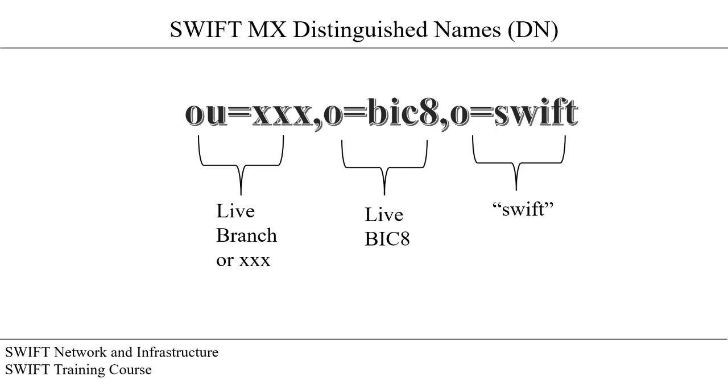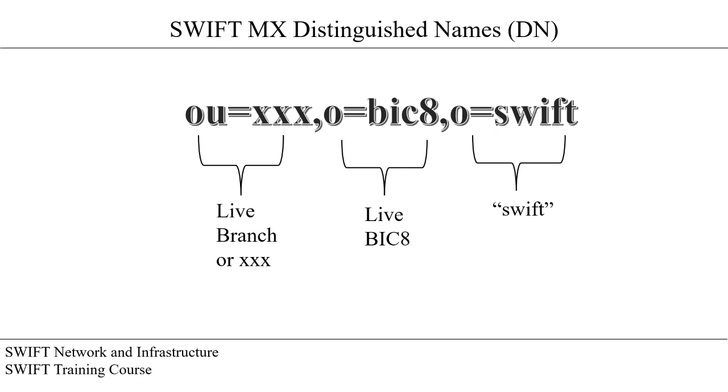As you can see with the format, it usually starts with OU equals XXX, which is the live branch, comma O equals BIC 8, which is the live BIC 8, comma O equals Swift, which is always equal to Swift.